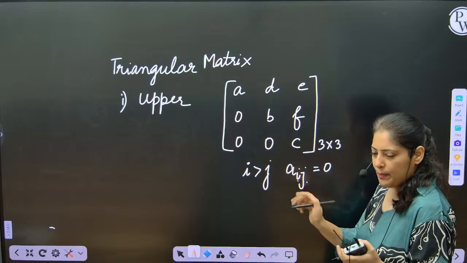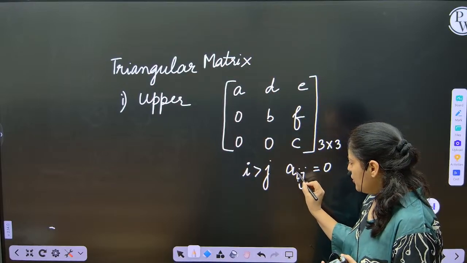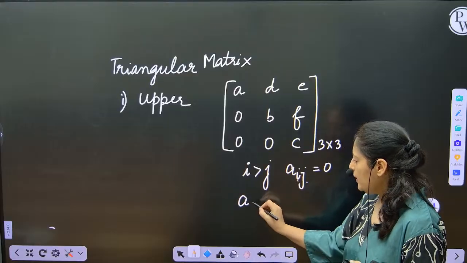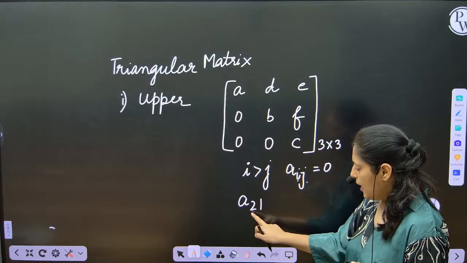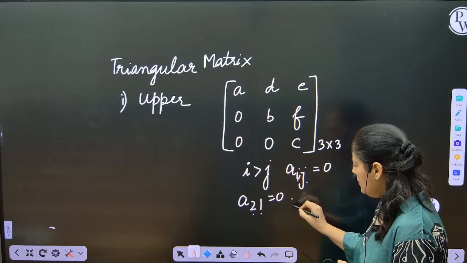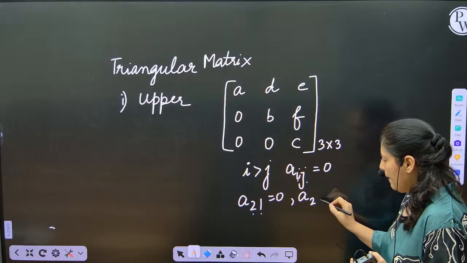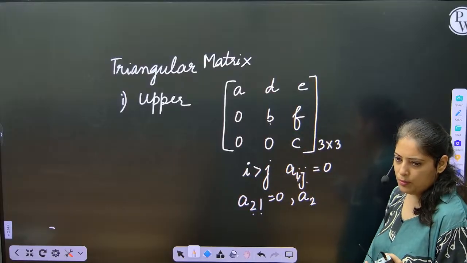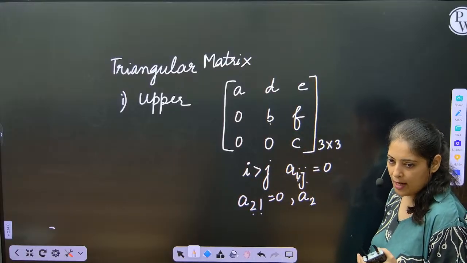Now what does it mean? See, I mentioned first number, suppose I am talking about 2 and 1. i is greater than j, so this will be 0. This is A22, i is equal to j, so this can't be 0.